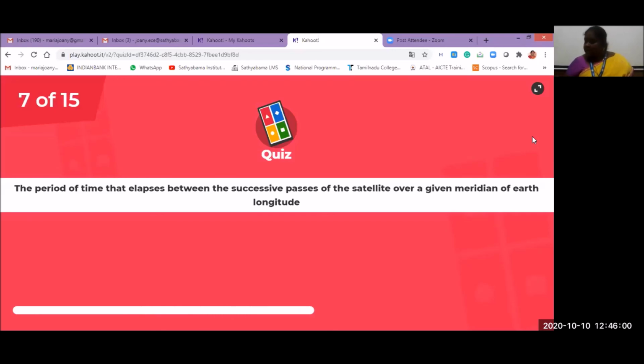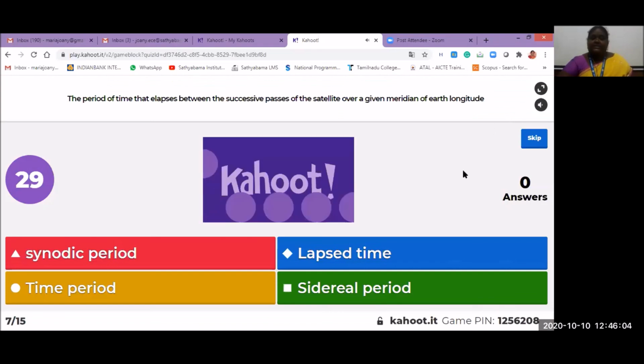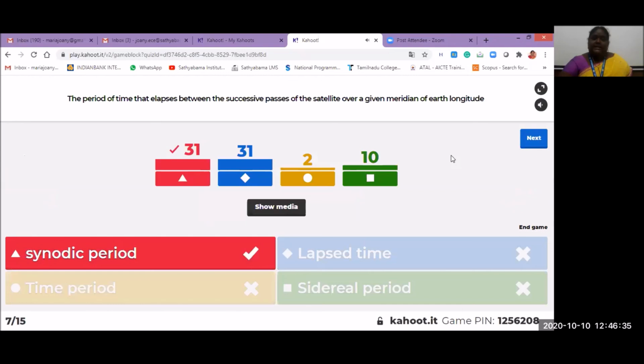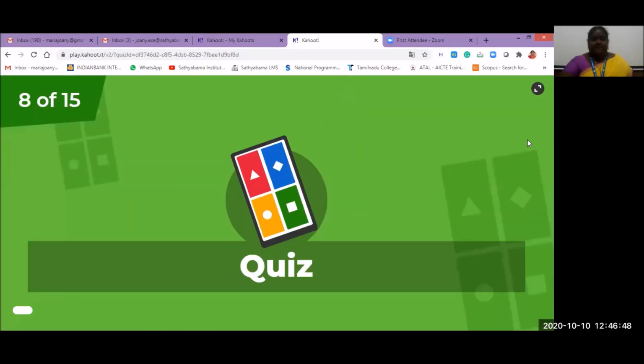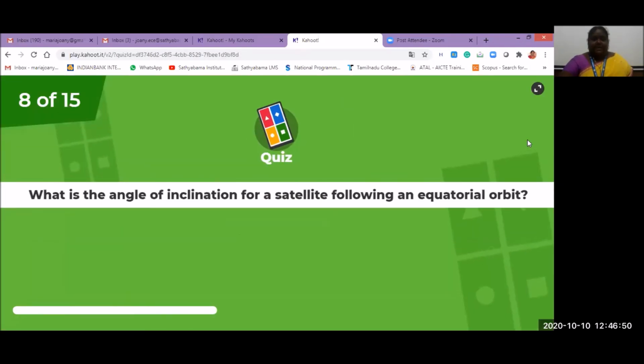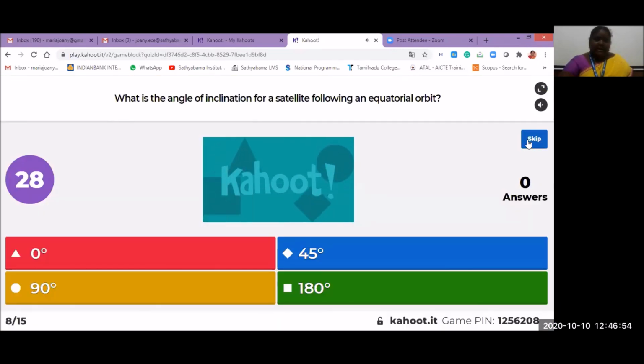The period of time elapsed between the successive passes of the satellite over a given meridian of the Earth longitude is called to be synodic period. What is the angle of inclination of a satellite following an elliptical orbit?